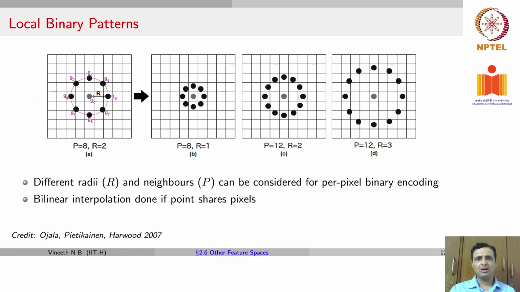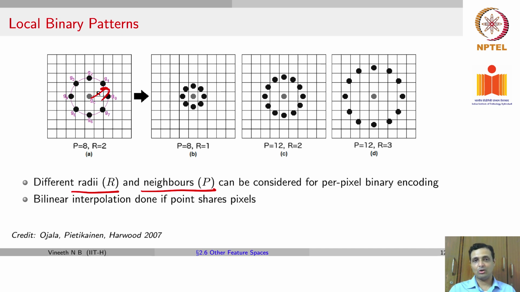Before we go there, you can also define neighborhoods in multiple ways. We said you would take a 3 by 3 neighborhood and take the 8 pixels around it. That may not always be the case. You can vary 2 different parameters here. You can define your radius R. You can also define the number of neighbors P. So you can have a particular radius where you want to compute your local binary pattern.